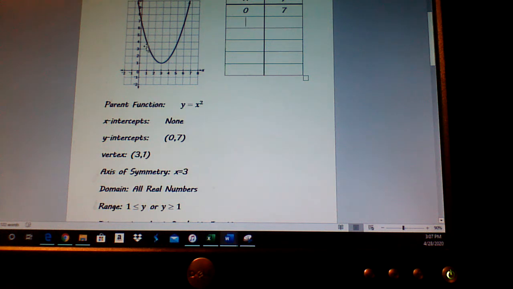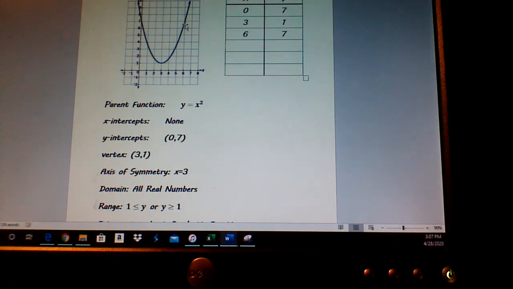So while this right here looks like it's a clean point on our graph, it's actually not hitting that intersection of our grid lines. We don't want to use that point. But we will use our vertex of 3, 1. And then right there, we got 6, 7.